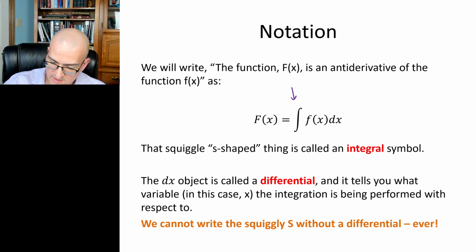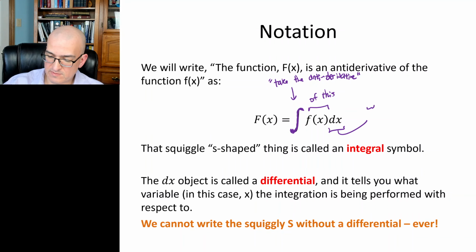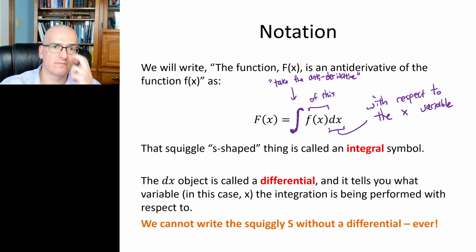So the squiggly means take the antiderivative of this, and then this last part with respect to the x variable. It's like a code. It's like a shorthand.